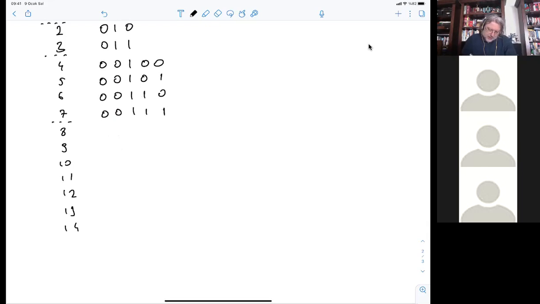Are we there? No, we need 15. These 8 symbols will all start with the same prefix of not 001, but 0001 to make them distinguished from the previous prefix.